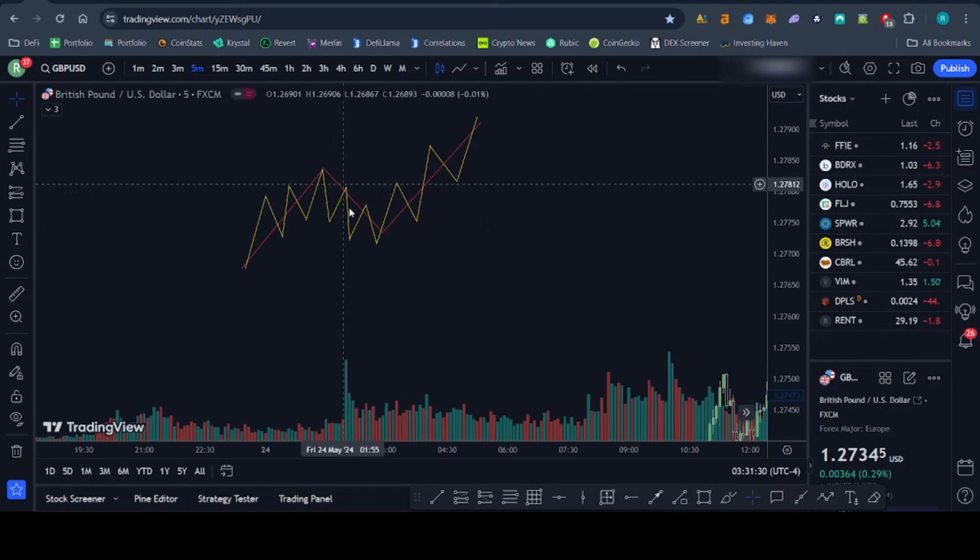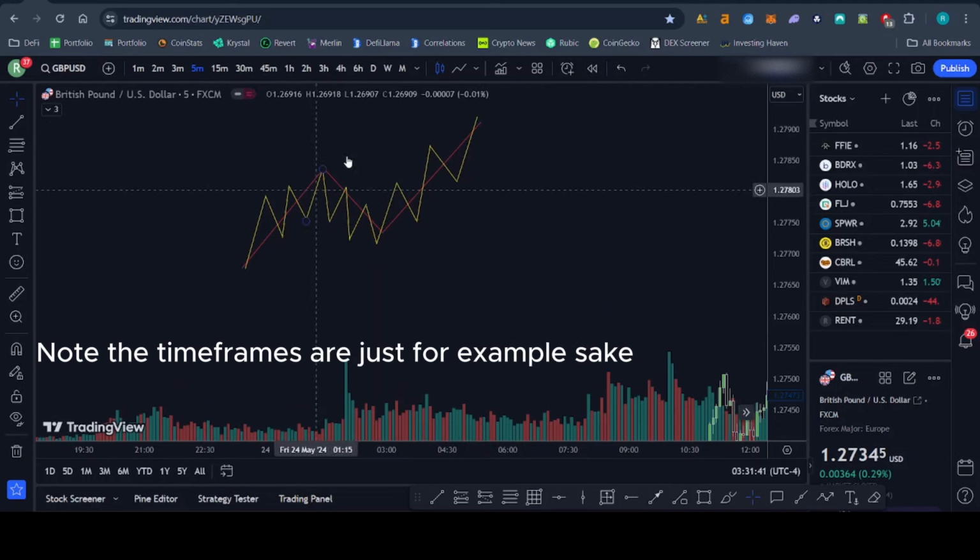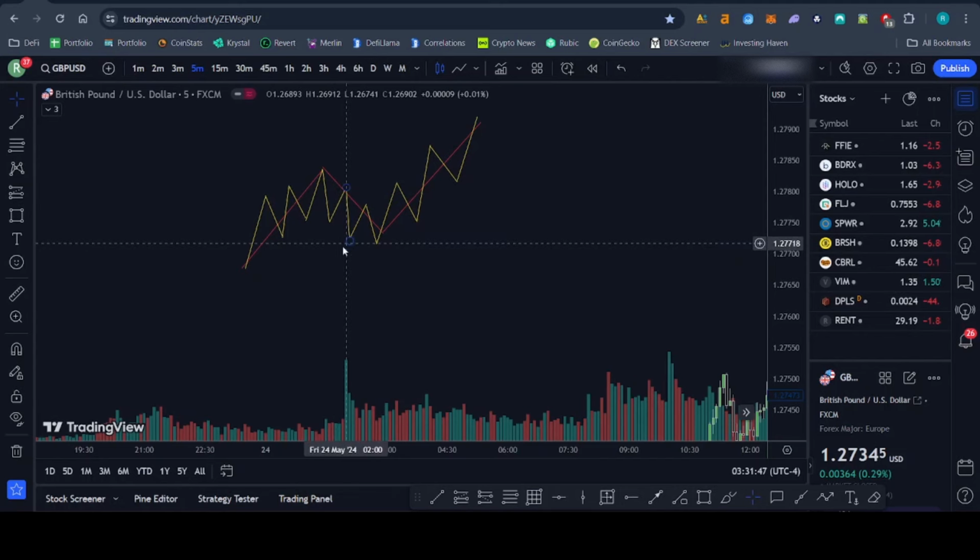So on the 5-minute chart, this down leg would actually become a bearish or a downtrend. Okay, so this pullback, whilst on the daily chart is in an uptrend, on the 5-minute chart, the entire chart becomes bearish, becomes a downtrend, if that makes sense.